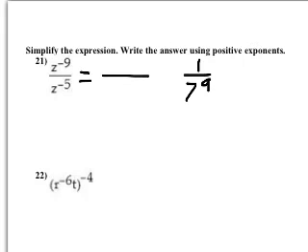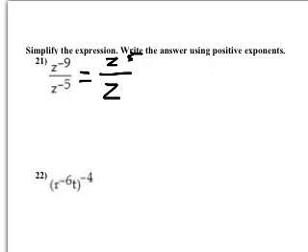And z to the negative 5th, well, that would become the inverse of that, which would be z to the 5th. So the end result of this would be z to the 5th over z to the 9th.